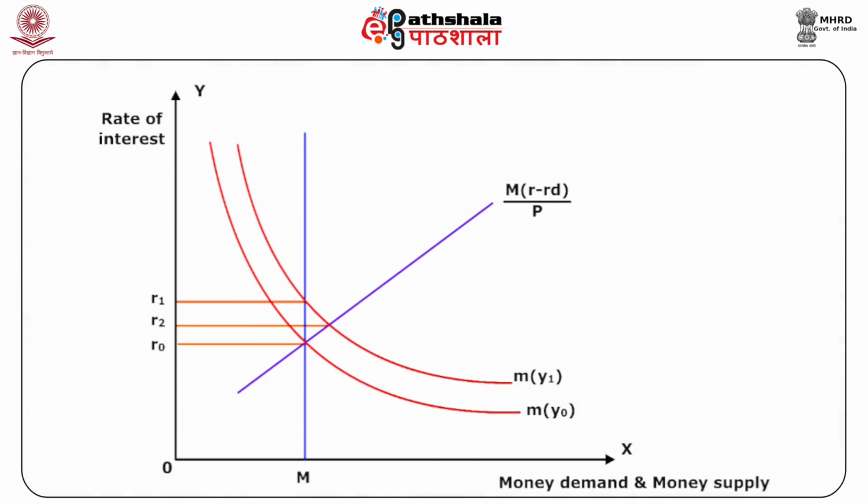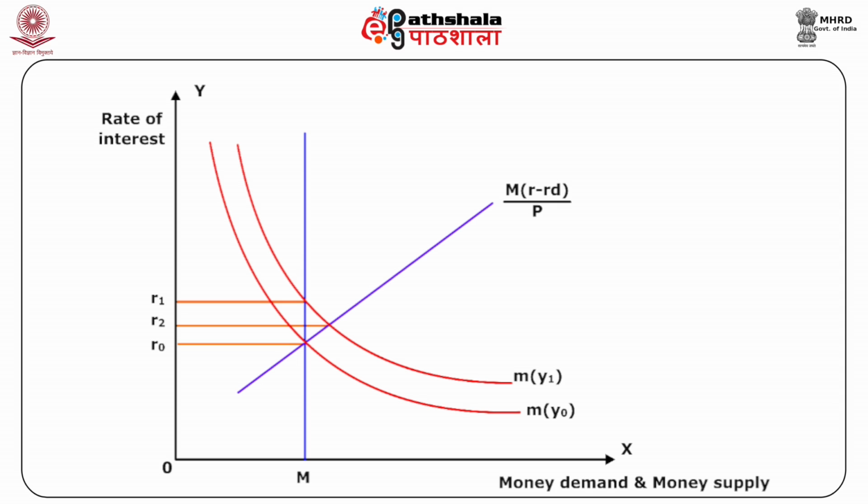The rate of interest would increase from R0 to R1, and if it were an exogenous money supply function, then nothing would happen to the money supply. But now with an endogenous money supply function, the rate of interest would increase and the money supply would also increase.